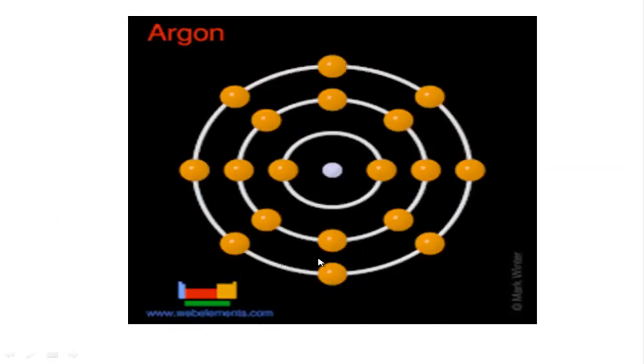Here, the first circular path contains 2 electrons and the second circular path contains 1, 2, 3, 4, 5, 6, 7, 8, a total of 8 electrons. And here 1, 2, 3, 4, 5, 6, 7, 8. Here 8 electrons remain, and the rest of the electrons are present in the third circular path.